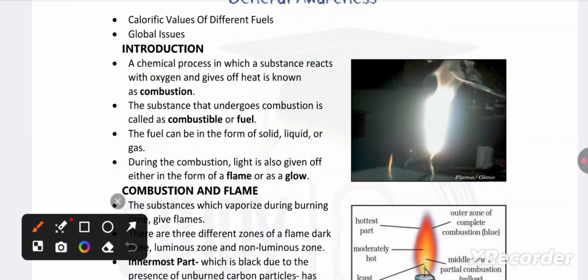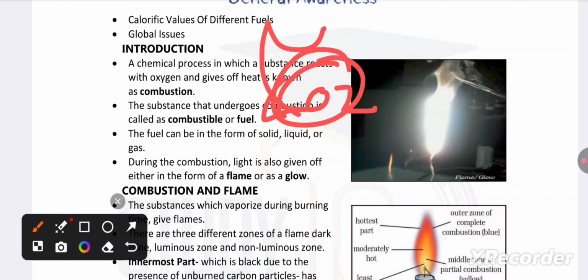For example, when we put fire, that fire absorbs atmospheric oxygen and it will burn.